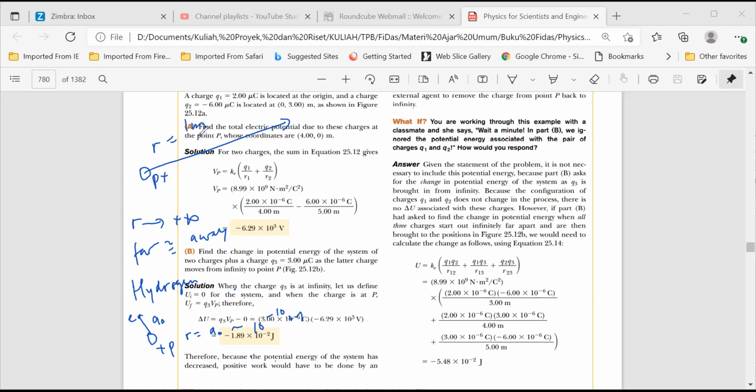One meter compared to the Bohr radius, which is of the order of 10 to the minus 10, is huge. So we could also say that R equals 1 meter is also infinity. That's the physical reason.